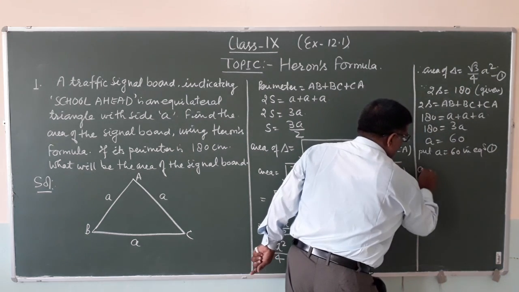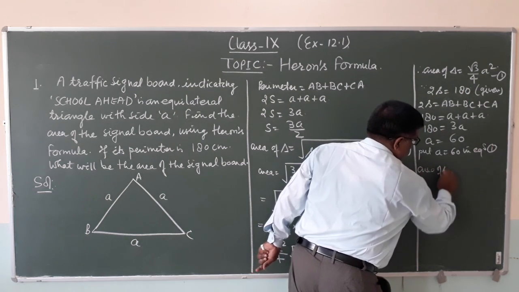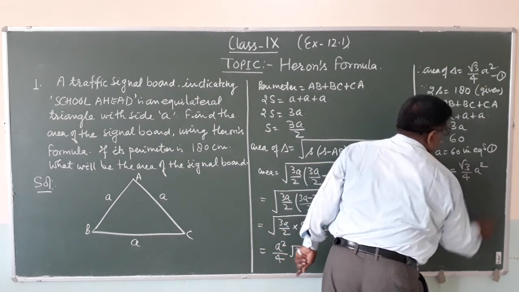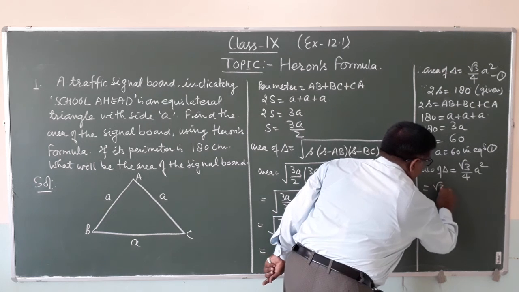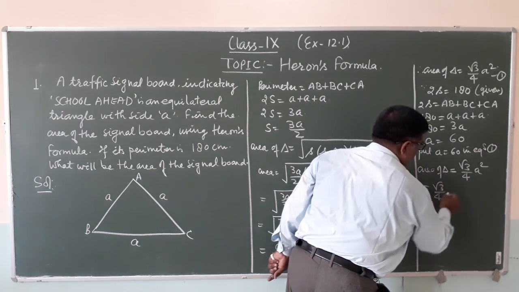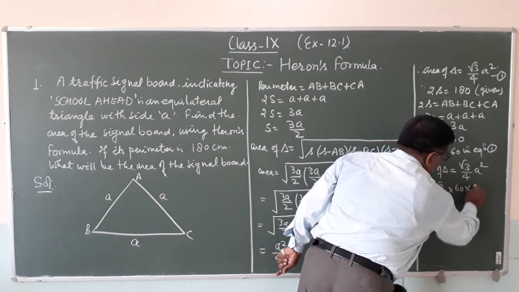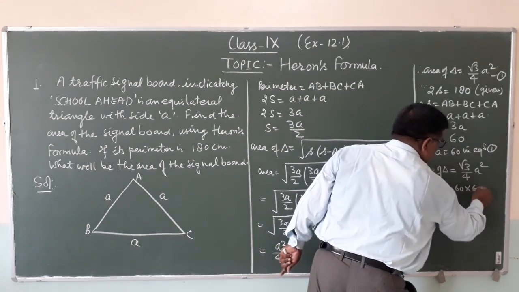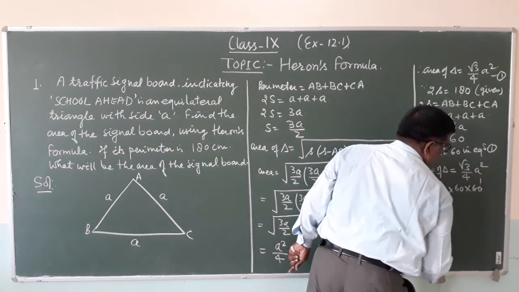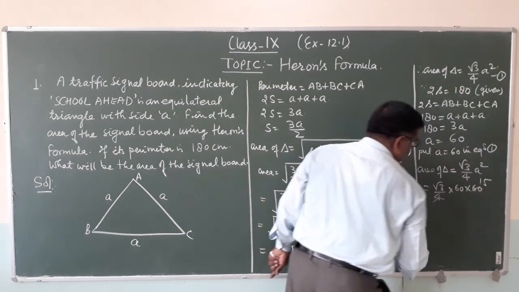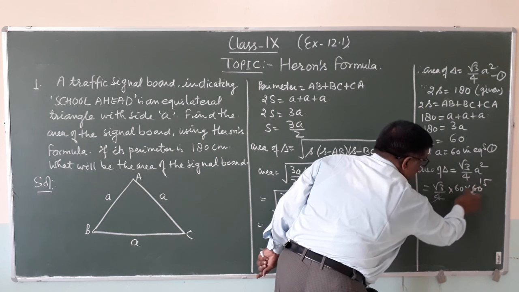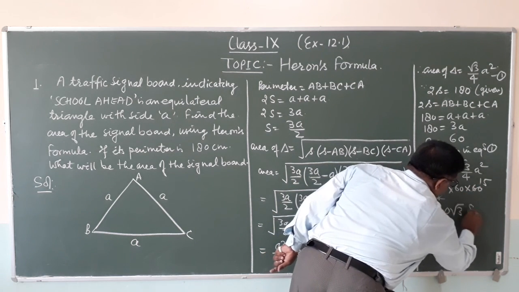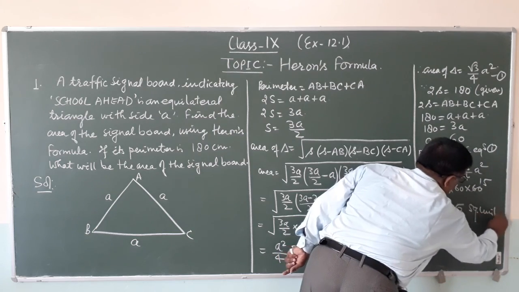So the area of the triangle is equal to root 3 upon 4 into A square, that is root 3 by 4 into 60 into 60. Now cut 4 with 60: 4 times 15 is 60, and 15 times 60 is 900, so we get 900 root 3 square unit.